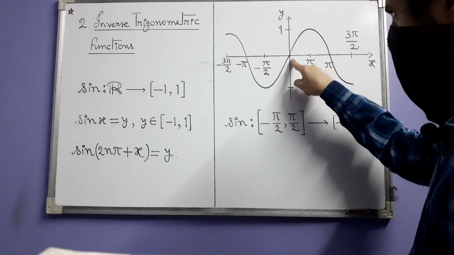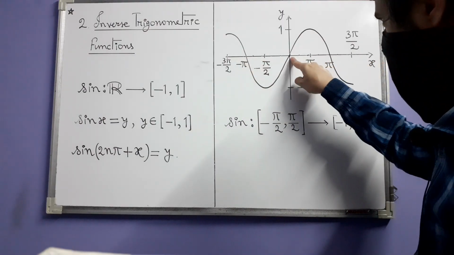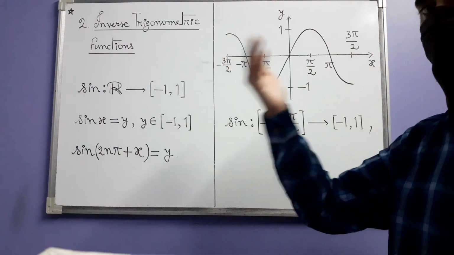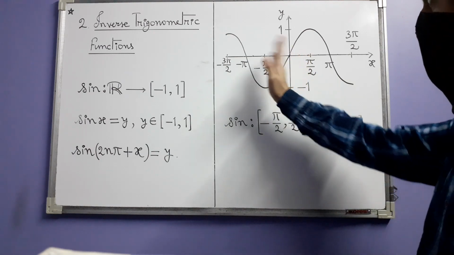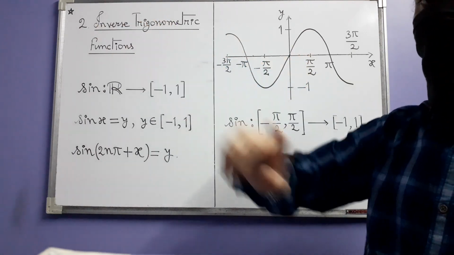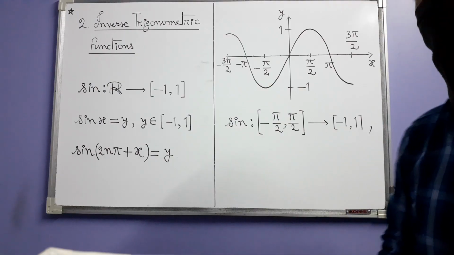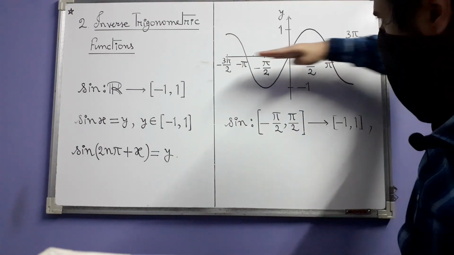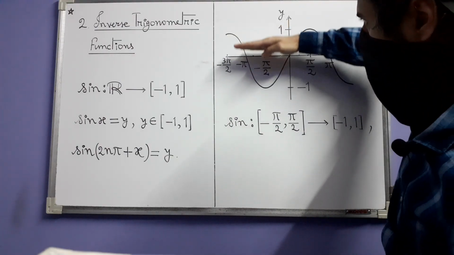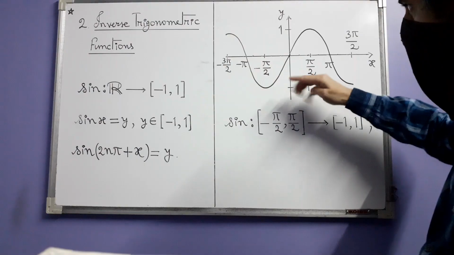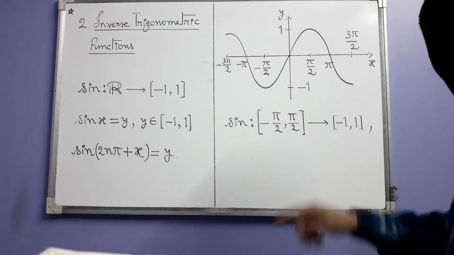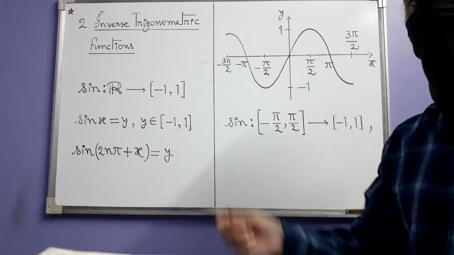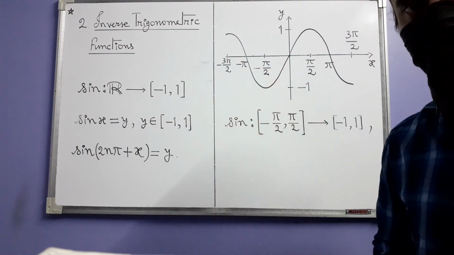For that 0 output value, you have many inputs: 0, pi, on that side 2 pi, 3 pi, 4 pi, and like that it keeps going. On the other side also minus pi, minus 2 pi, all the negative integer multiples of pi. If your line slides a little like this, you will get other y values, other outputs, but corresponding to each such y, there are infinitely many points where the line intersects the graph.